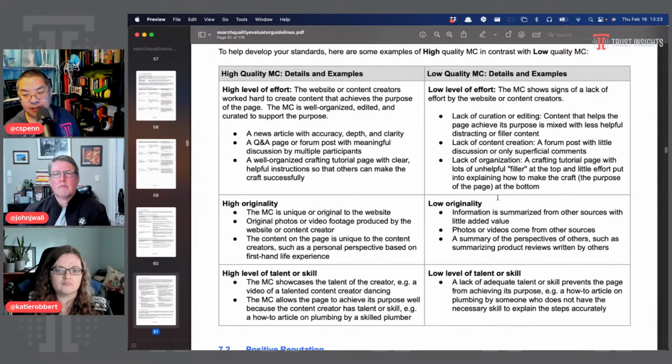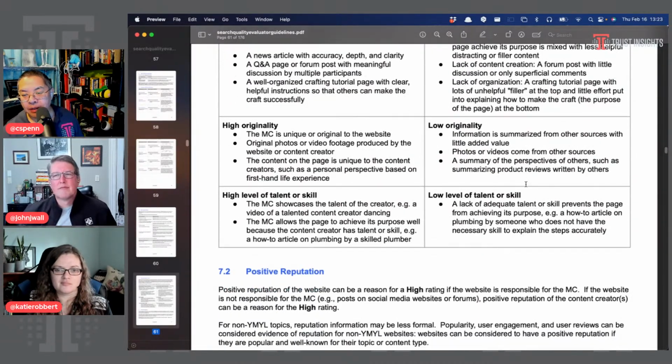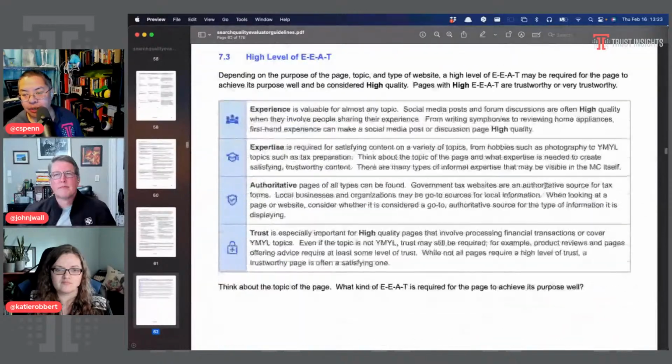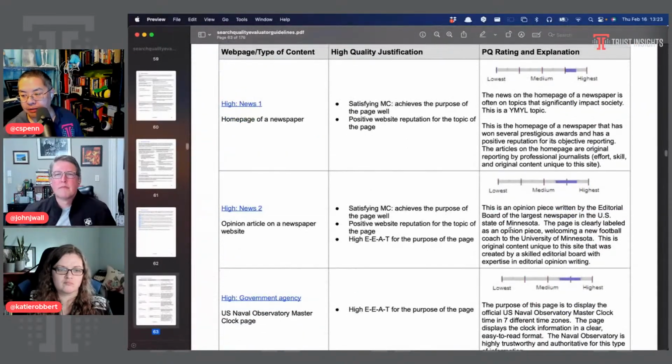Low quality would be photos from other sources. Low quality would be lack of curation, poor editing. So immediately some things jump out: spell check your stuff, and make sure it is obviously not garbage. When you're looking at the various authority examples, you can read through that this page is clearly labeled as an opinion piece.